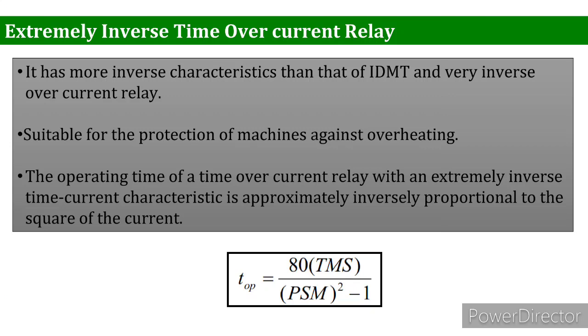The use of the extremely inverse overcurrent relay makes it possible to use a short time delay in spite of high switching in currents. As far as its operating time formula is concerned, if you enter the TMS and PSM setting numbers, you will achieve this operating time.